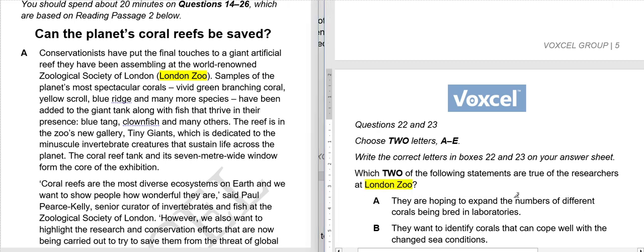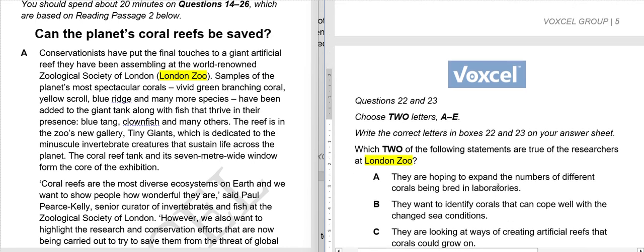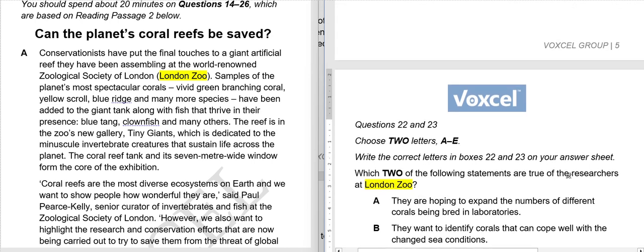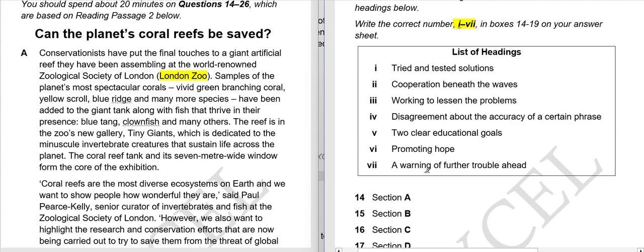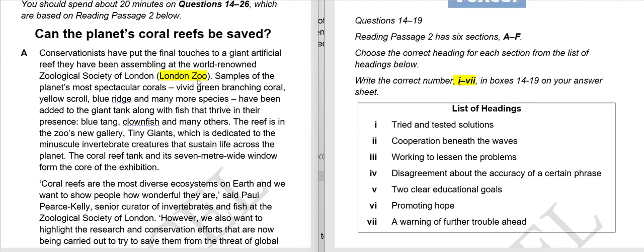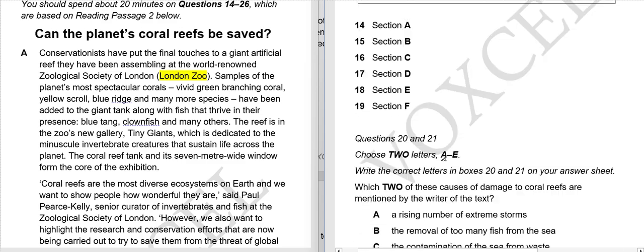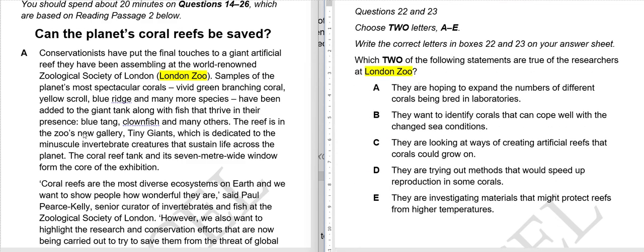We have read. So which of the two following statements are correct? Let's see if some statements are made or not, because I don't believe this question will be that far ahead. Samples of the planet's most spectacular corals, vivid green branching corals, yellow scroll, blue ridge, and many more species have been added to the giant tank along with the fish that thrive in their presence.